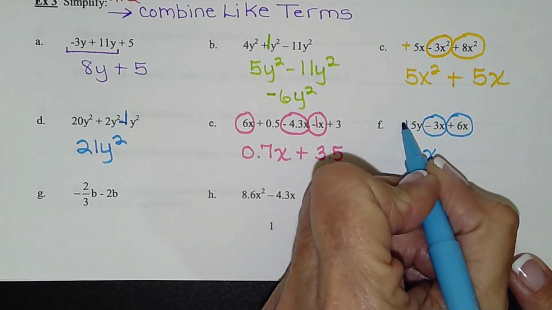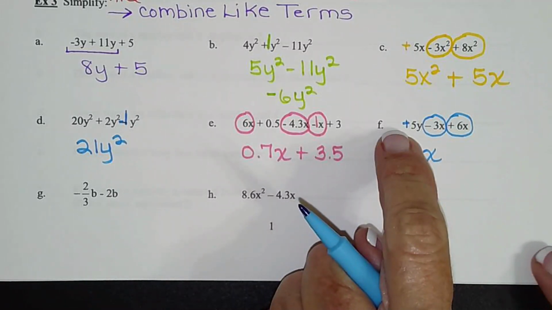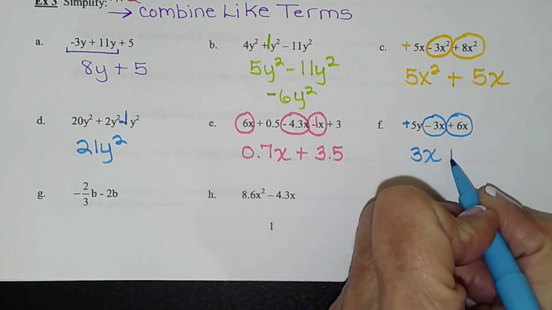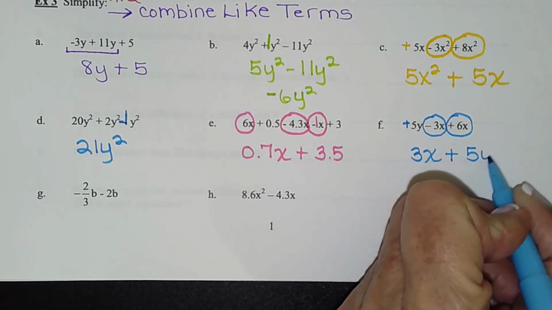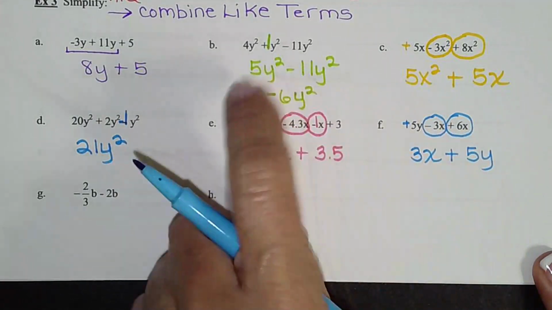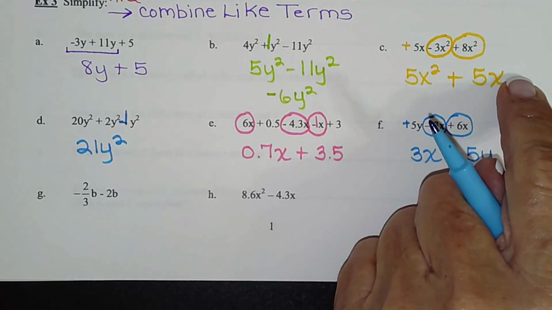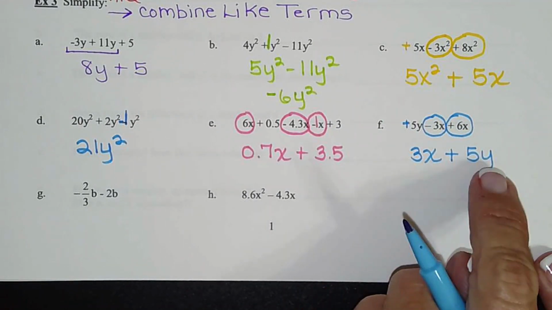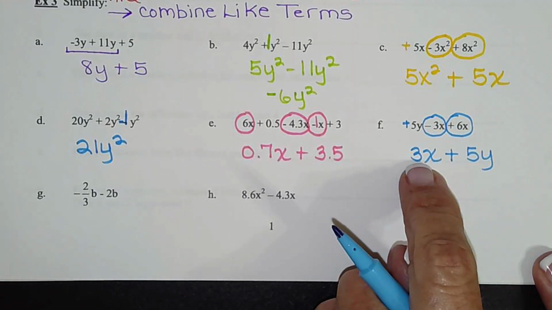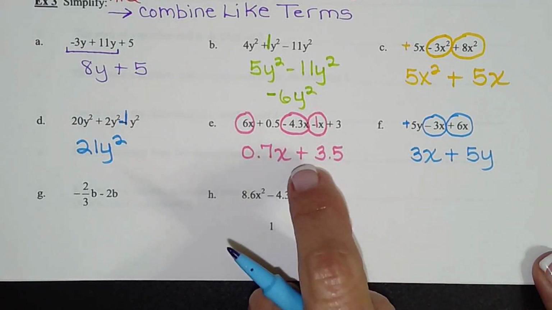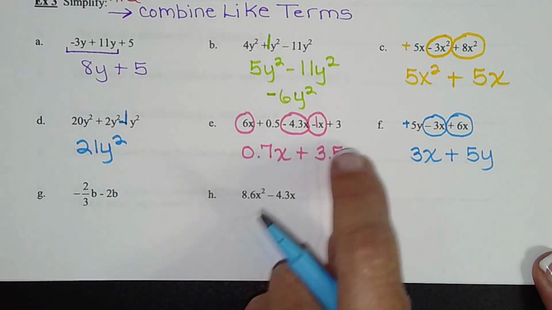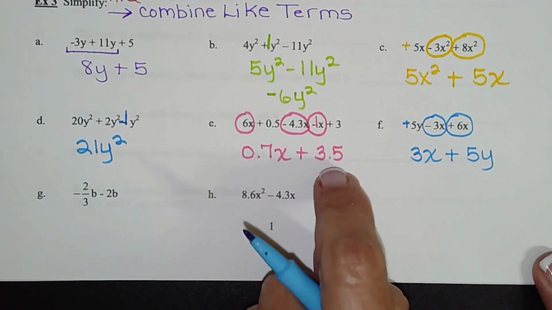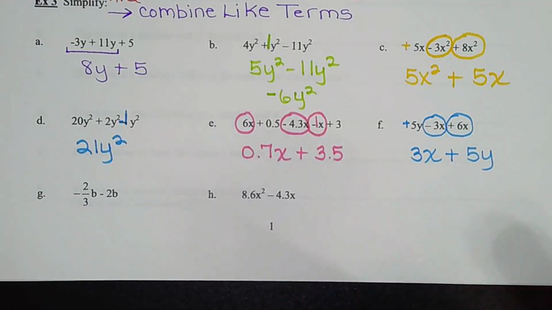Y doesn't have anything to go with it, and it also has no symbol in front, so that means it's plus 5y. See how my answers are descending powers of the variable, and if there's two different variables, you do alphabetical order. If there's a variable and a constant, constants always go last. Constants mean they don't have a variable. Opposite of variable, constant.